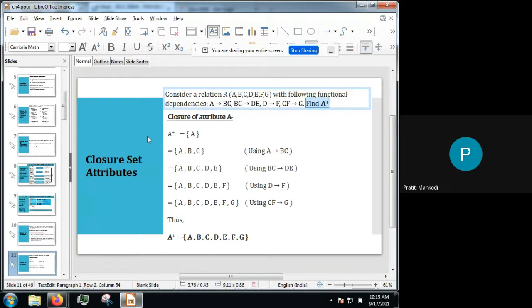And do remember, whenever you are finding a closure of a particular attribute, that attribute will automatically be a part of it. So if I am finding A plus, at least one element is present, A. Is it clear? So your closure set will never ever be a null set, because a minimum of one attribute will be there, of whom you are finding the closure. All okay?